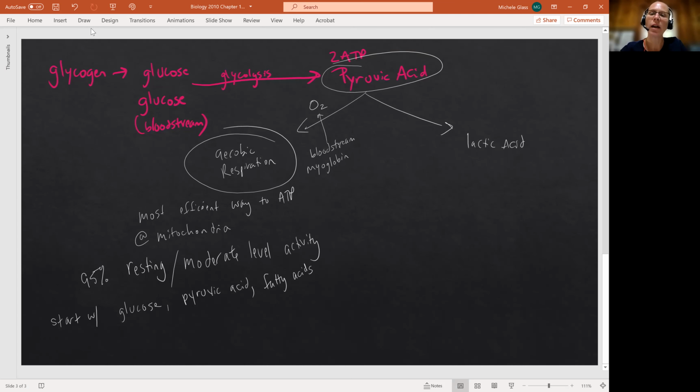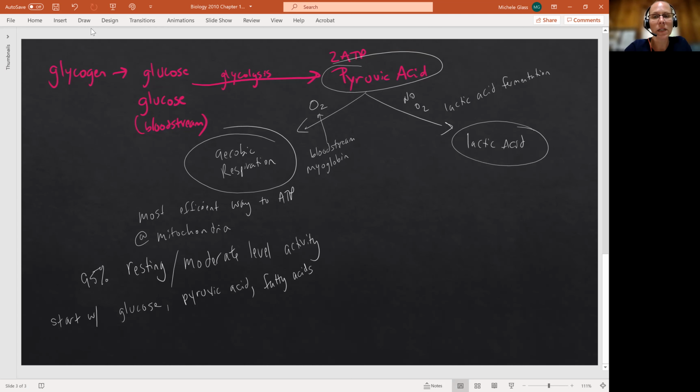If you don't have oxygen available, so if your muscle is working so quickly that you're not able to get the oxygen from the bloodstream to the cell, or if you don't have stores of oxygen in the case of the myoglobin, then that pyruvic acid is going to be converted to lactic acid. And this process is going to be called lactic acid fermentation.